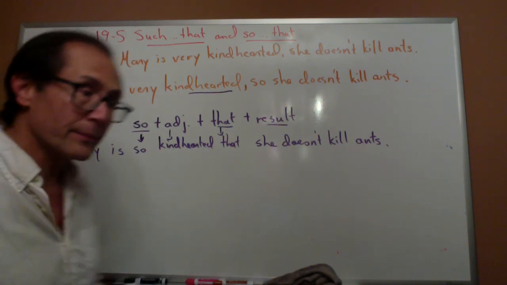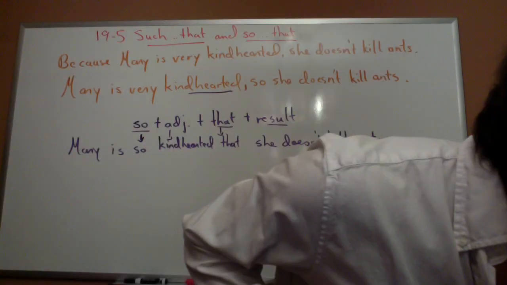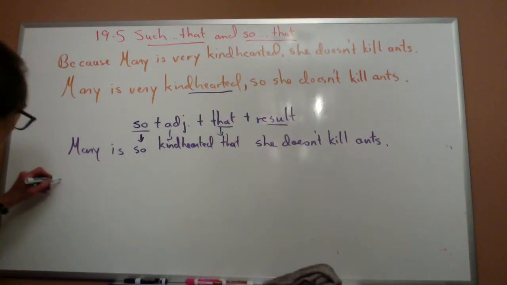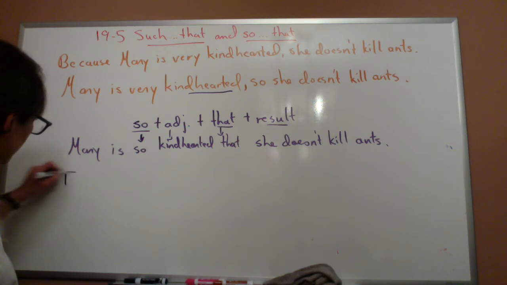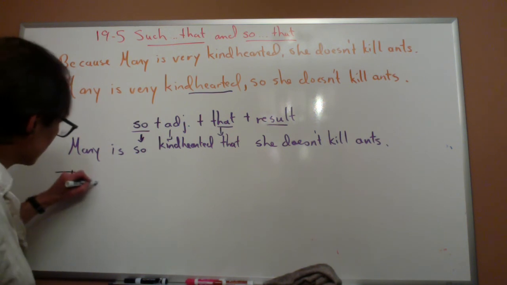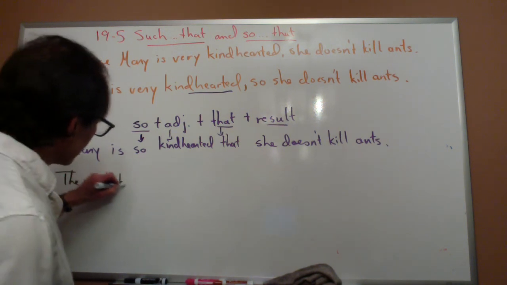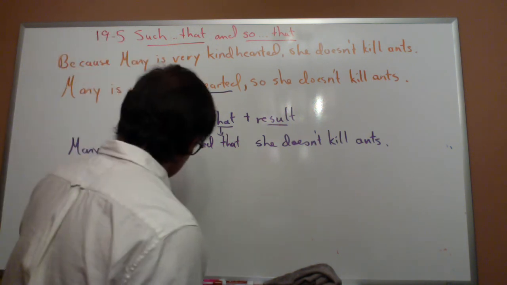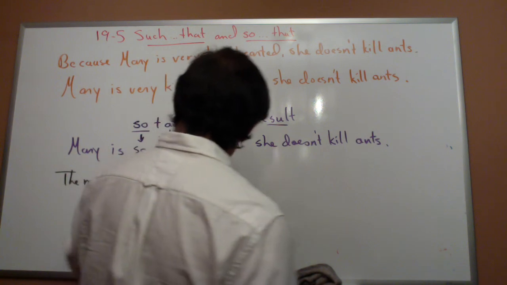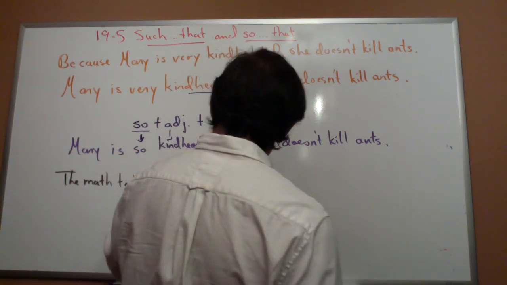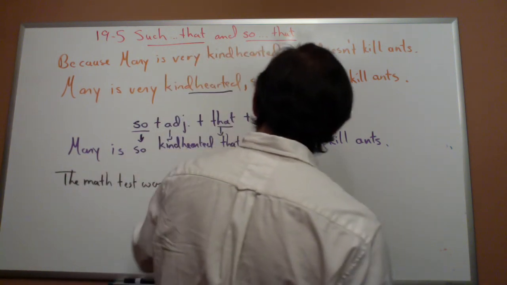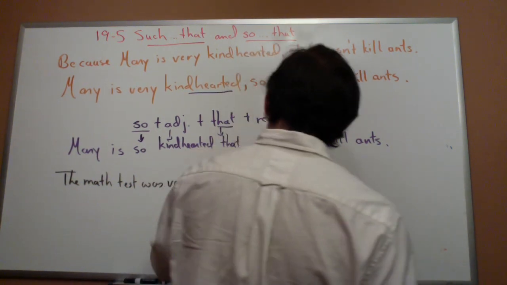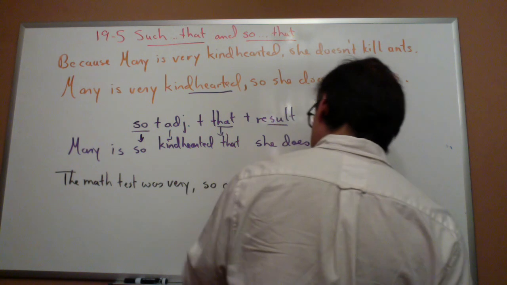Let's say you have a math teacher that gives very hard tests. The math test was very hard, so only, let's say, only 5 students passed it. Let me write out 5 since I want to teach you to be formal.